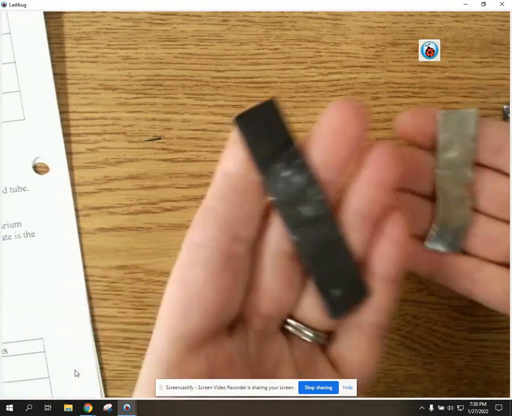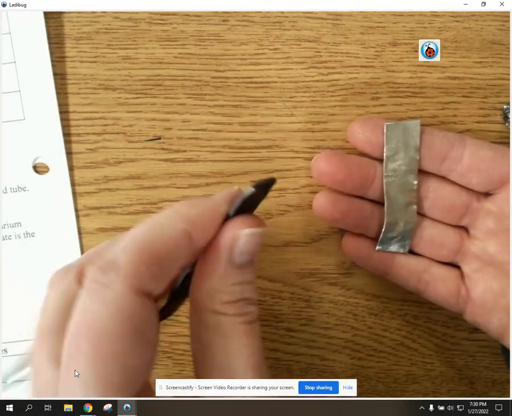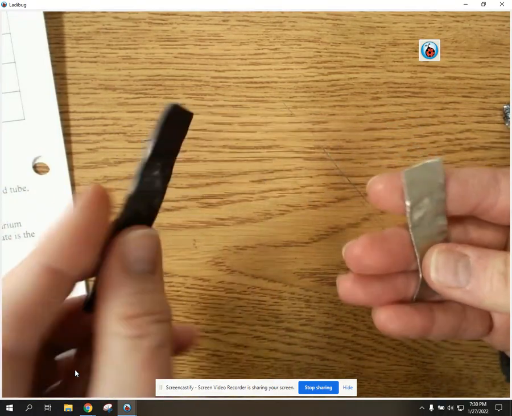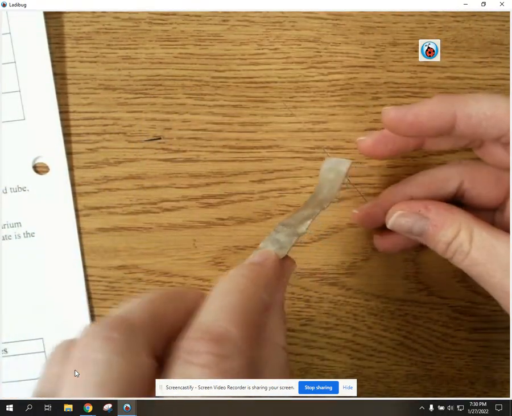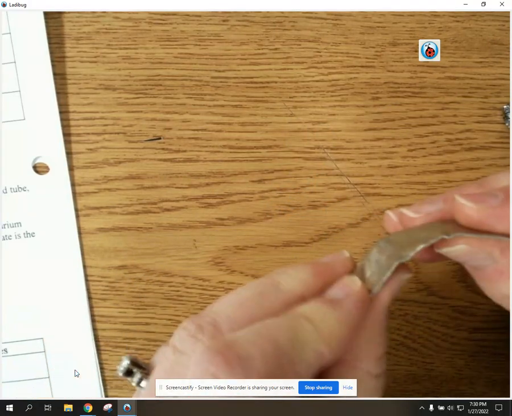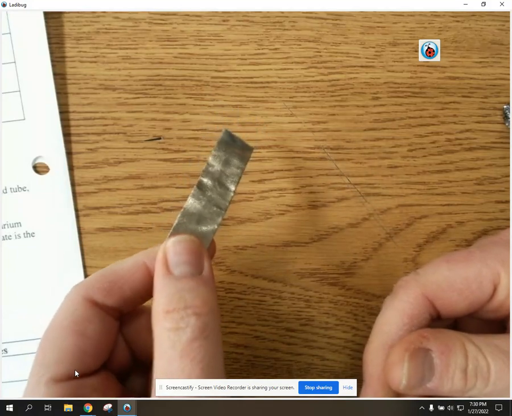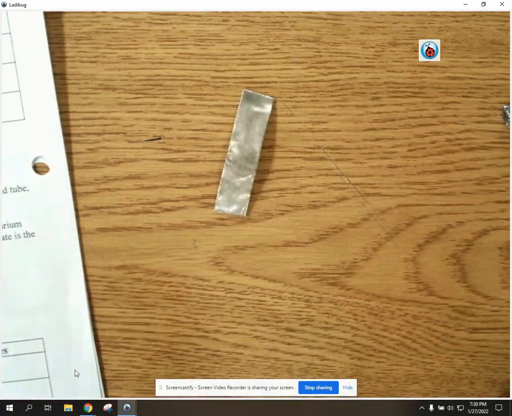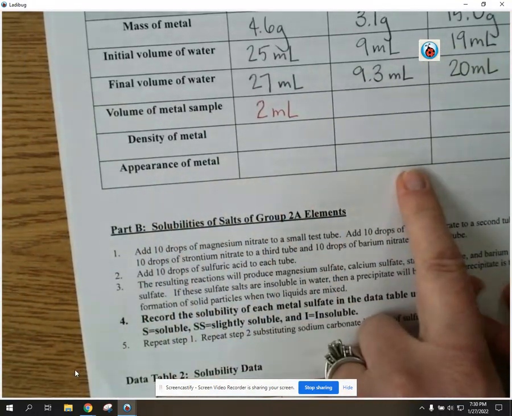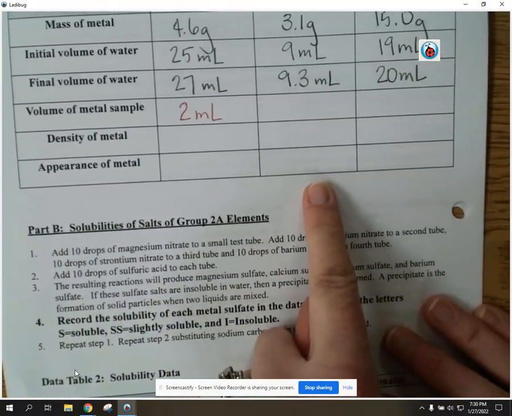And compared to silicon, it just feels more dense or heavier. I'm sorry, not silicon. This is tin, so you can see that it's more of a goldish color, and it is easier to bend. Obviously, shiny. There are other properties that you can write down about the appearance of those metals.